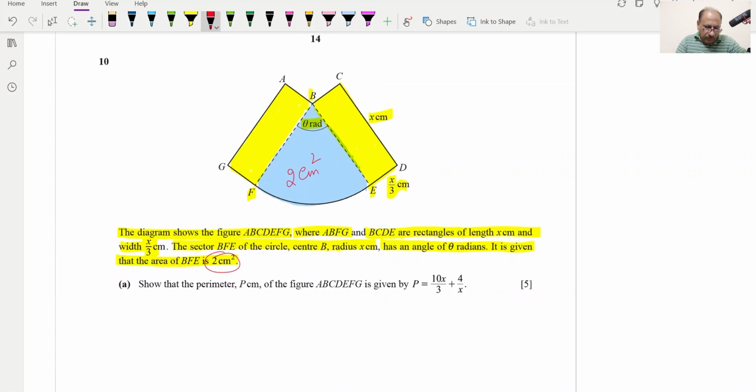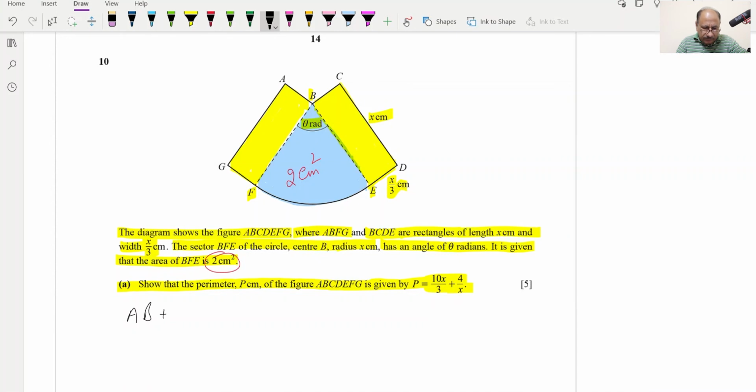And what we have to do, first part, A part, show that the perimeter P centimeter of the figure is given by this one. So for perimeter, what are the things which we'll have to add?